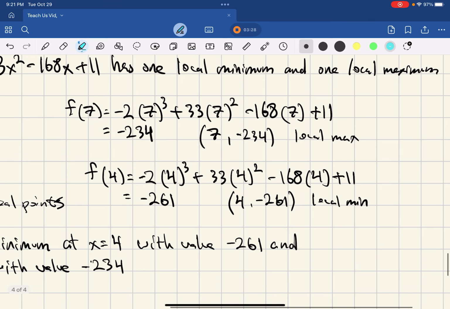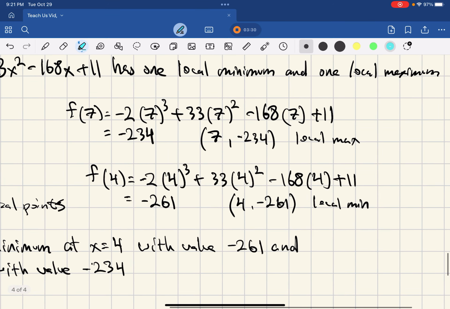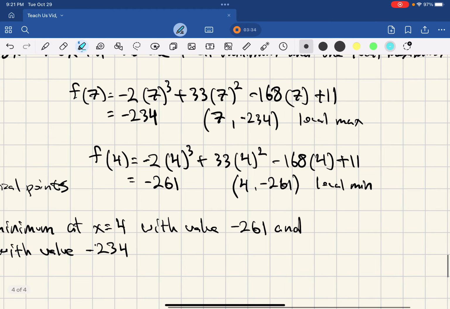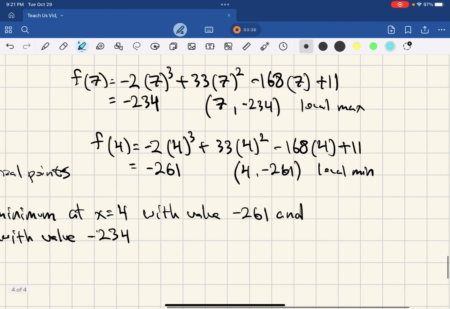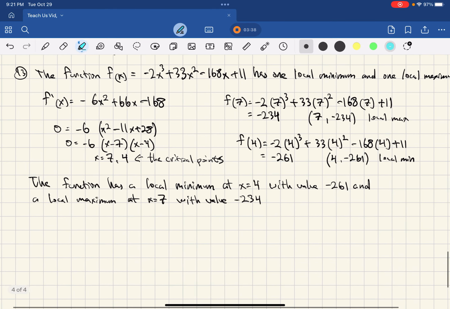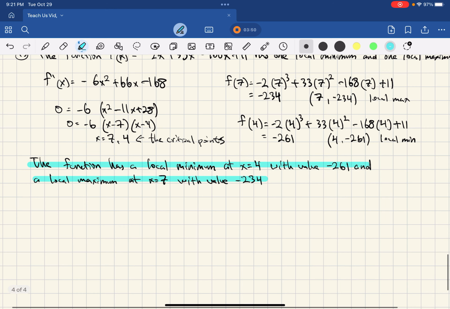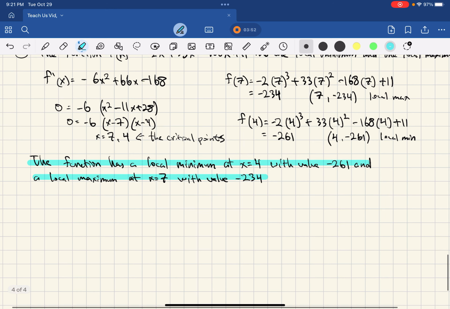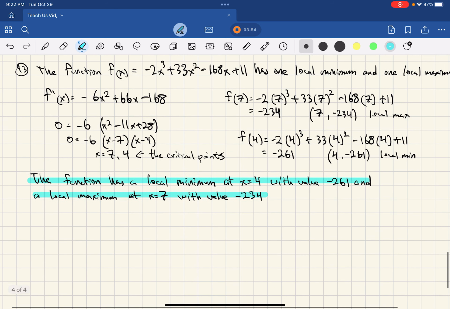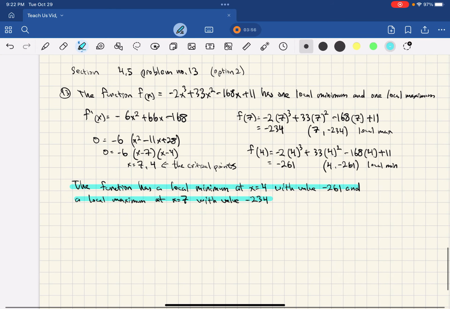So between these two, where f of 7, that's the local maximum, and where f of 4, that's the local minimum. So the answer is right here. The function has a local minimum at x equals 4 with value of negative 261, and a local maximum at x equals 7 with value negative 234.